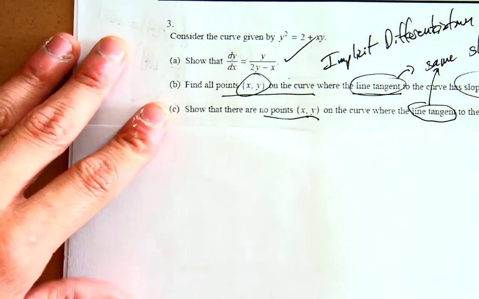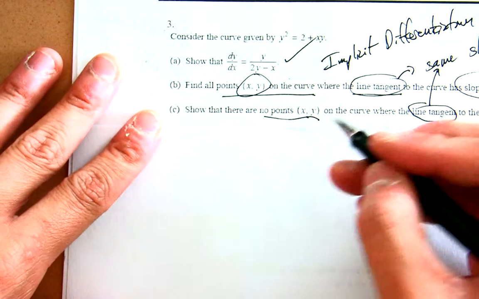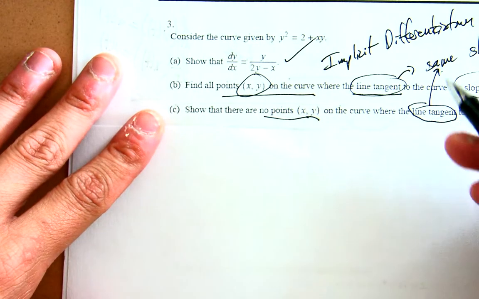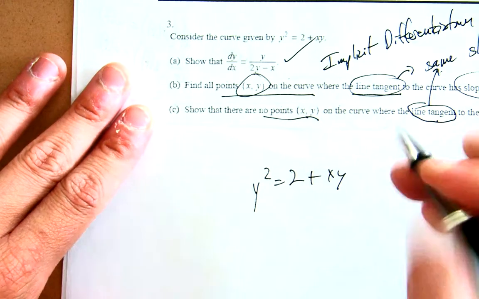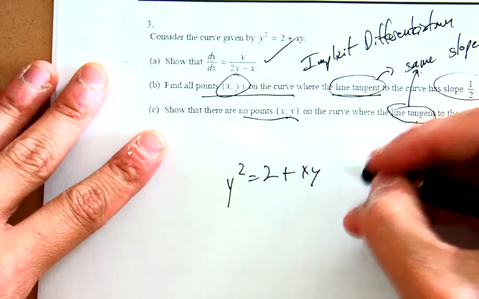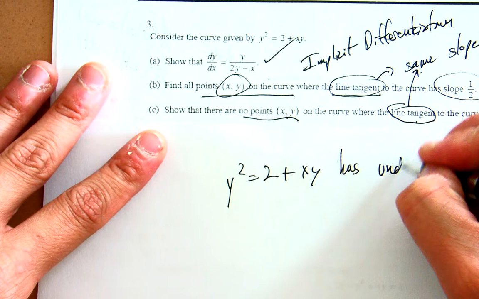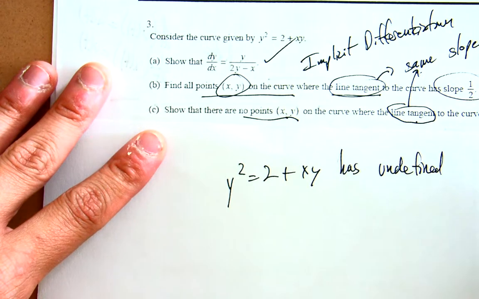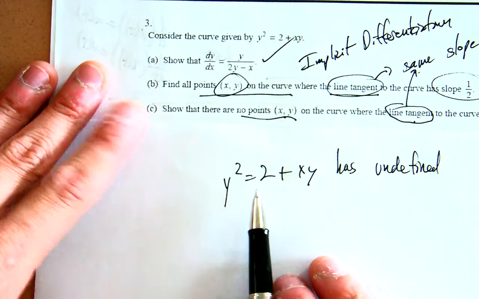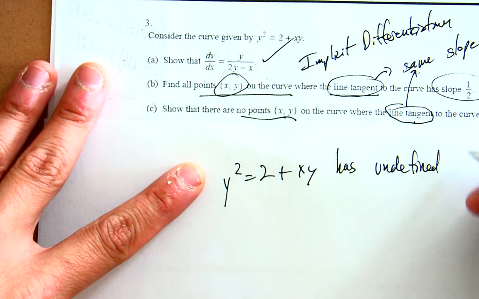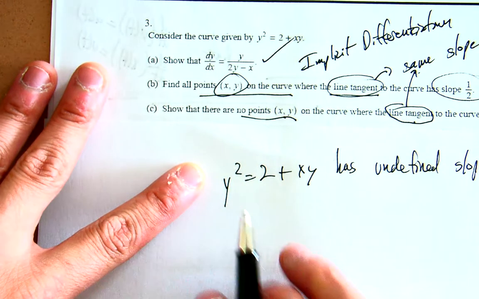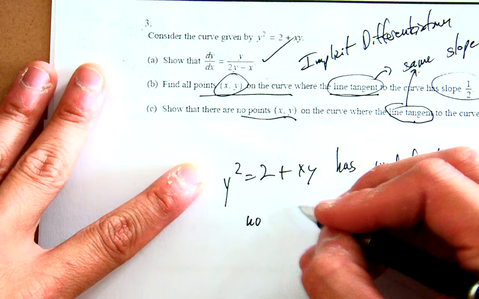So basically, you want to show that there are no values where this function has undefined slope. Right? So this function has undefined slope nowhere.